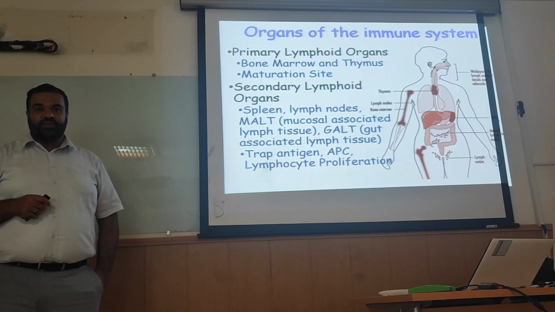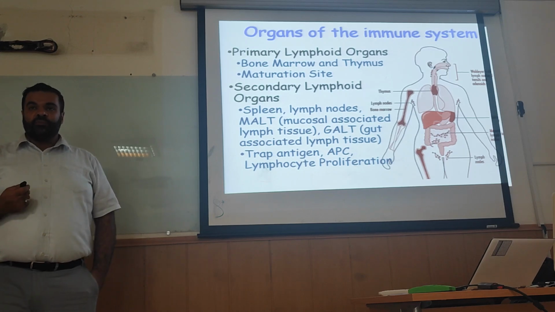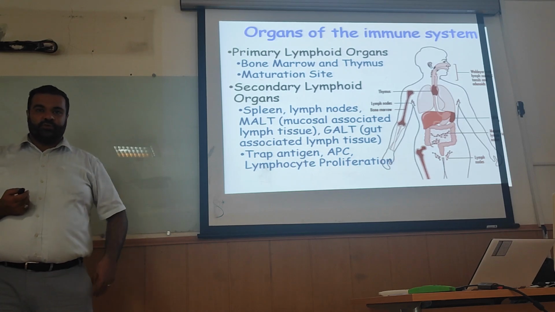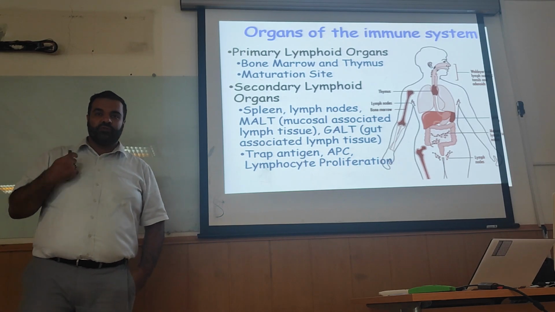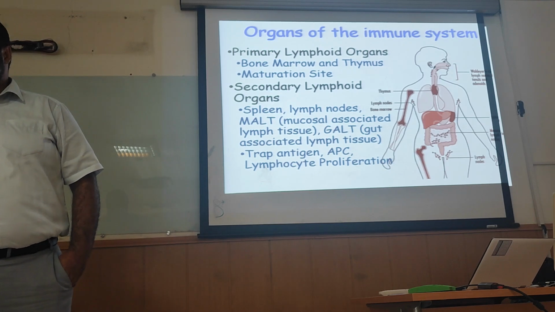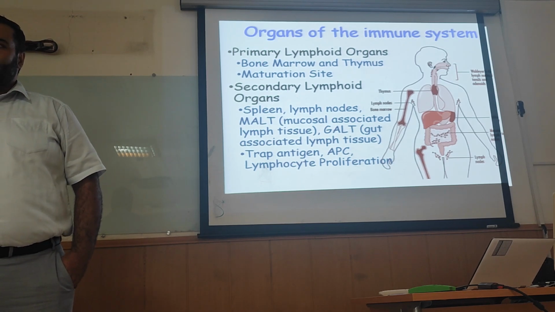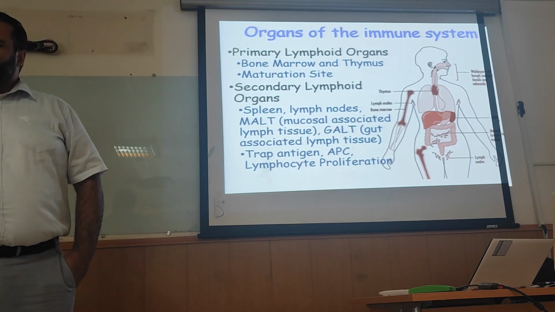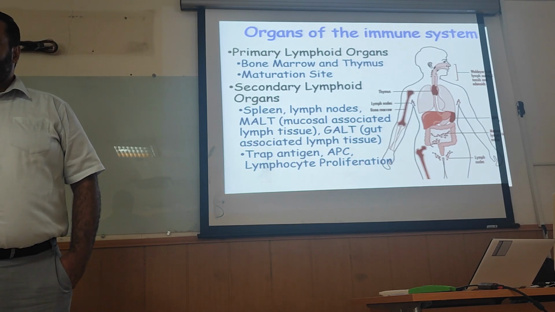This is the maturation site. In our primary lymphoid organs is where these cells become mature, whether in bone marrow or in thymus. In the thymus we have the T cells, and in bone marrow B cells. Hematopoietic stem cells, where are they?